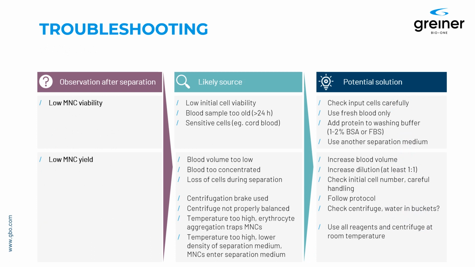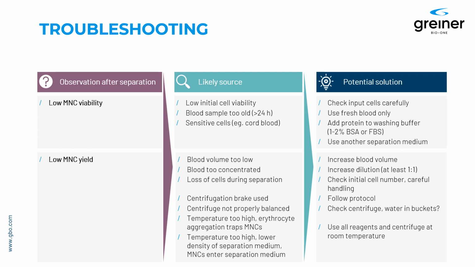After separation, different observations might be made. If low mononuclear cell viability is observed, then potential sources for this problem could be either low initial cell viability, the blood sample might have been too old, which means more than 24 hours old, or sensitive cells might have been used, such as, for example, cord blood cells.